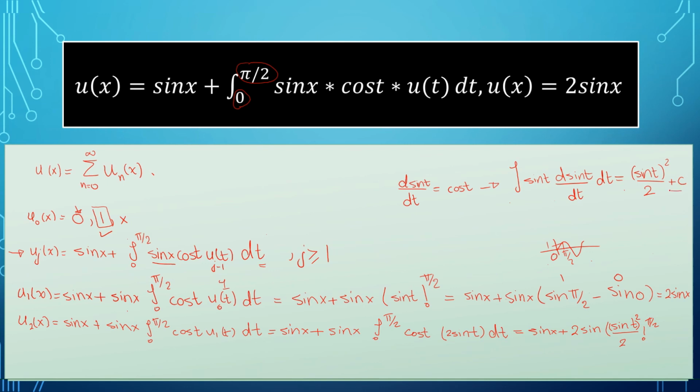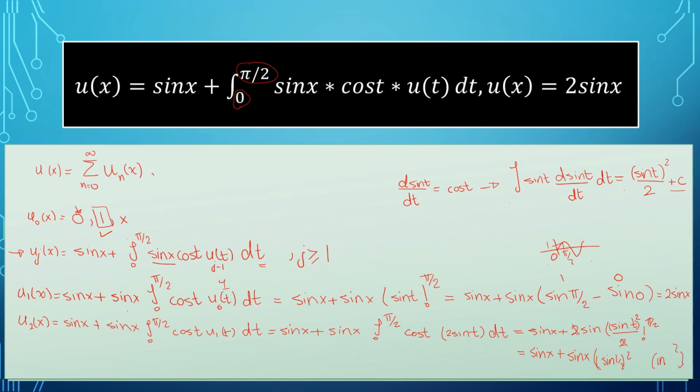We don't write plus c, of course, because this integration has limits. Okay, and this will be equal to sine x plus this 2 will go with this 2, and this will give us sine x, sine pi over 2 squared, minus sine 0 squared.